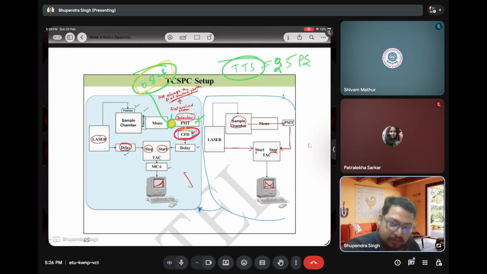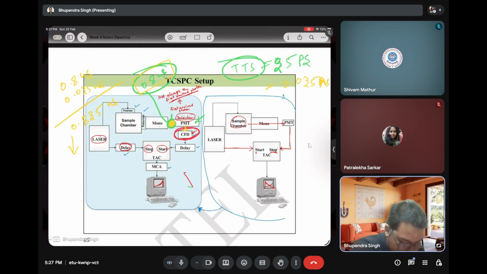So according to the question, if we convert this into nanosecond, it will be 0.035 nanosecond. So it should be 0.835 nanosecond.